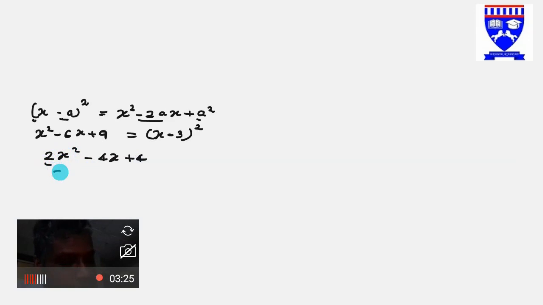Okay, so 2 into, now I divide the whole thing and put it in a bracket. Okay, so x squared minus 2x plus 2, so this one is x squared minus 2x, x squared minus x minus 2. So now this one is minus 2, so if it is minus 2, you have to divide this one by 2, so minus 1.